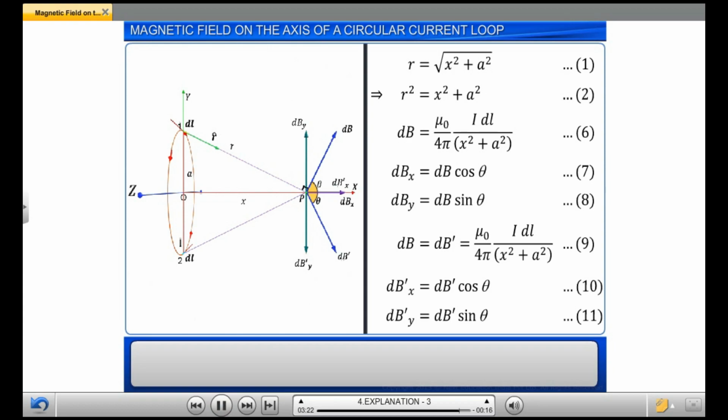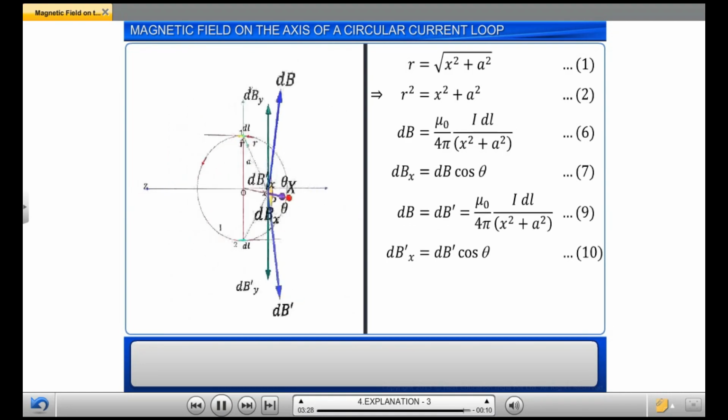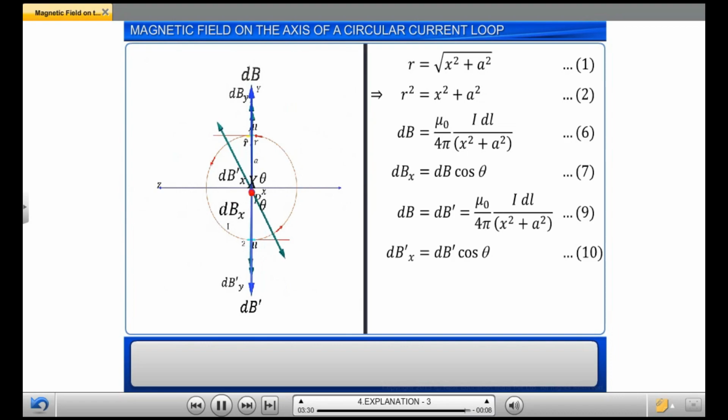Hence, their resultant is 0. This would be the case for all the elements on the circular loop, and hence the net normal component of magnetic induction for a circular conductor at the point P will always be 0.